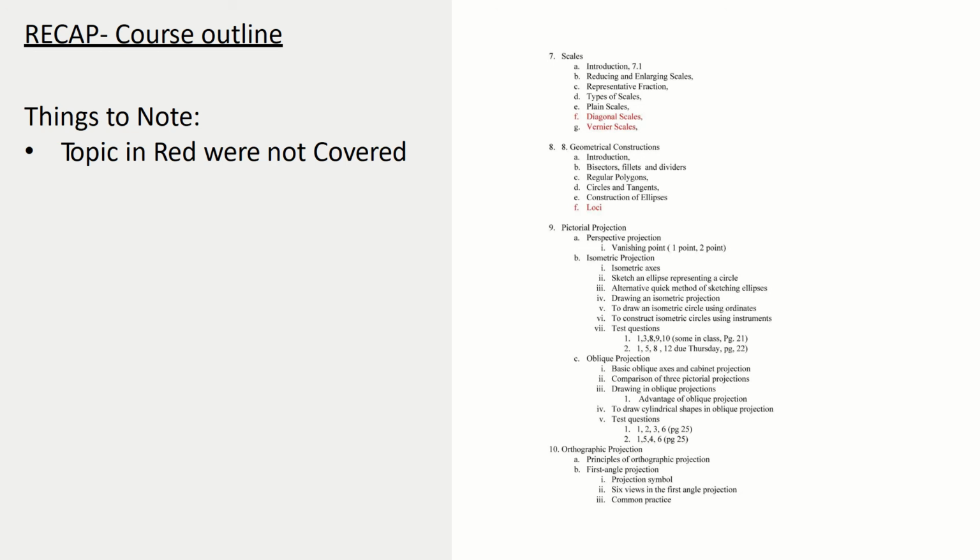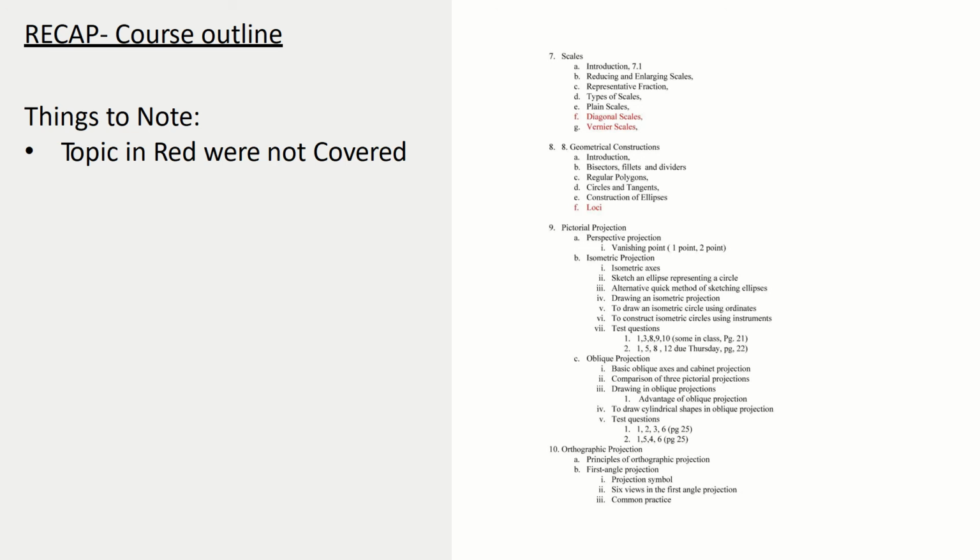Then we looked at geometrical construction. This is when we did all the drawing of circles, the drawing of lines using different techniques. We didn't look at loci, so you don't have to look at that either. And I think we briefly looked at perspective in pictorial projections.